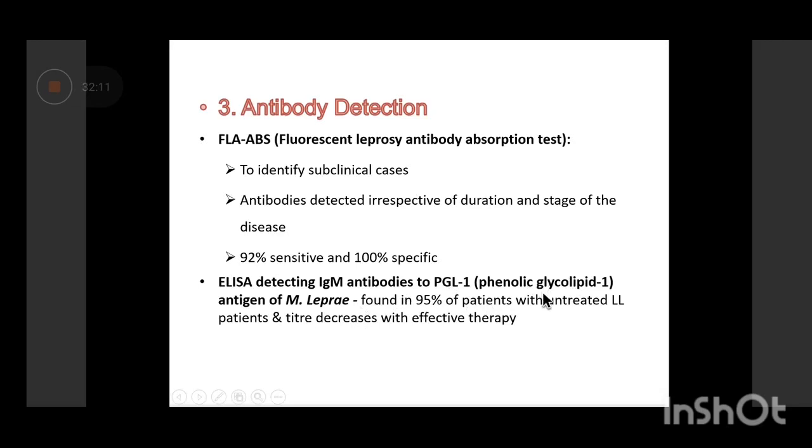We can also go for ELISA, which can detect the phenolic glycolipid antigen of M. leprae, found in 95% of patients with untreated lepromatous leprosy. We can detect IgM antibodies to this glycolipid antigen.